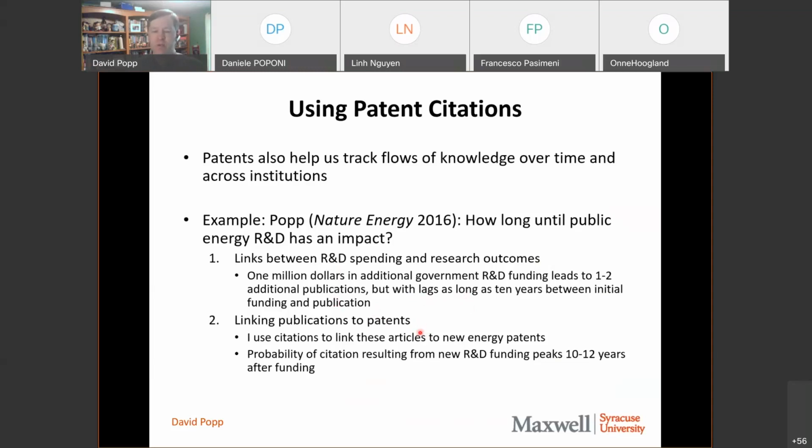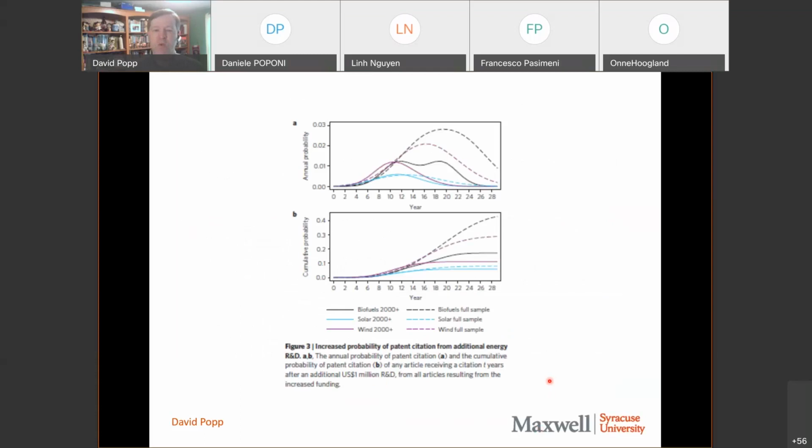The second step is we use citations on patents to early publications to link articles and patents. Then we estimate the probability of new funding leading to a citation on a patent. And we find that this probability peaks 10 to 12 years after funding.